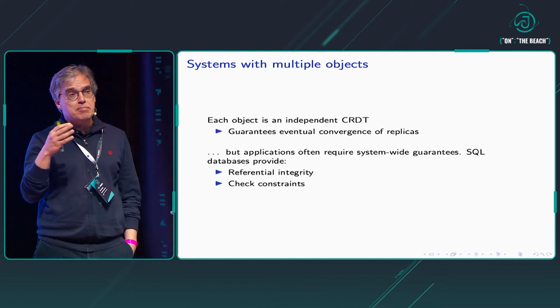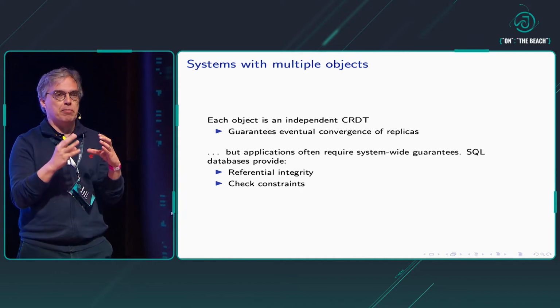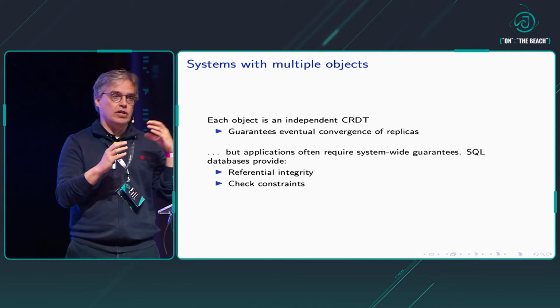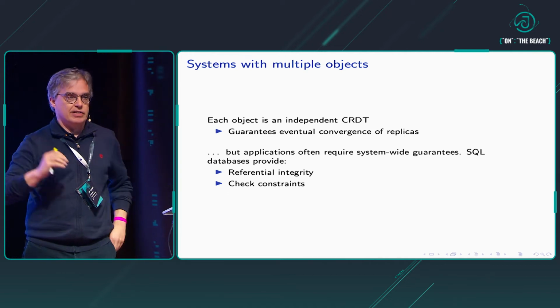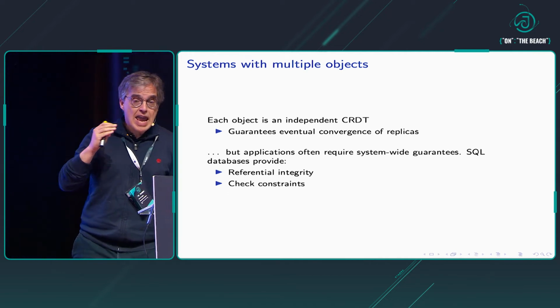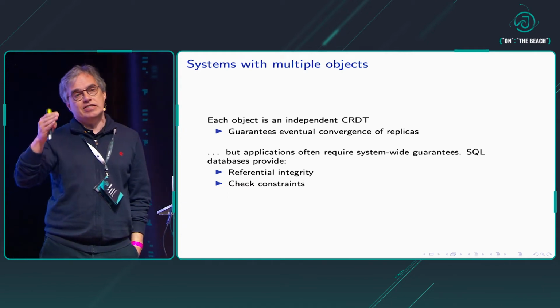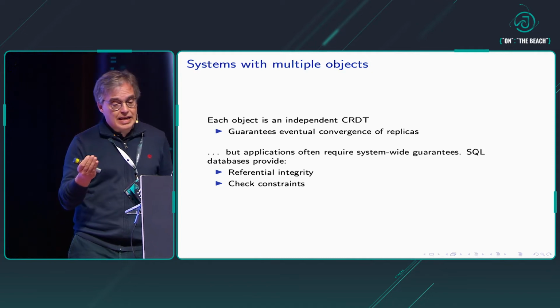And what these systems typically do is handle each CRDT independently. Each CRDT has its own rules for converging, but it's independent from other CRDTs, okay? And of course, this is good in a way because it guarantees that all replicas will converge to the same state. But it has a problem.